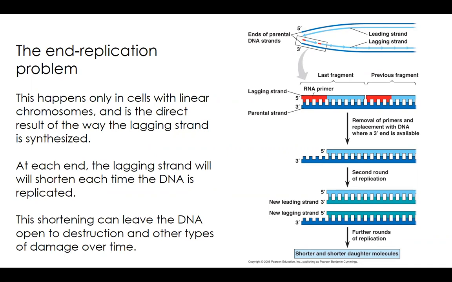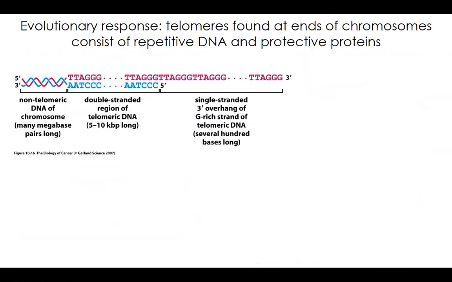Let's first talk about the ends of these chromosomes. They're not just ends. They have very specific structure. This is kind of leading up to the end, and this is the very end, and you can see it's got an overhang, just like pictured. This is going to be a larger overhang.